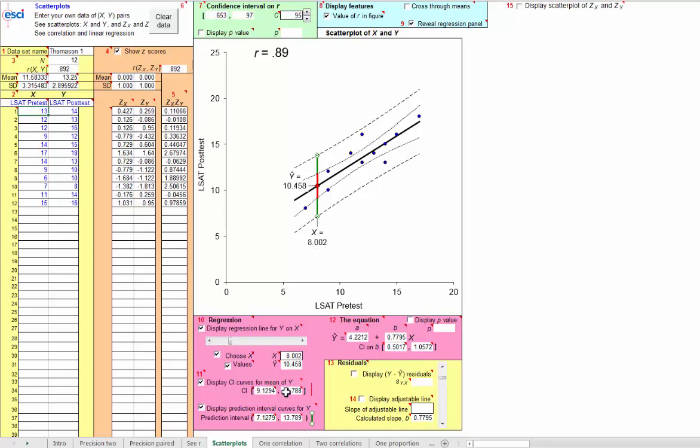But if you're interested in having some idea of the amount of uncertainty in predicting the score that an individual student who scores 8 on the pretest will have, then this prediction interval may be what you want.